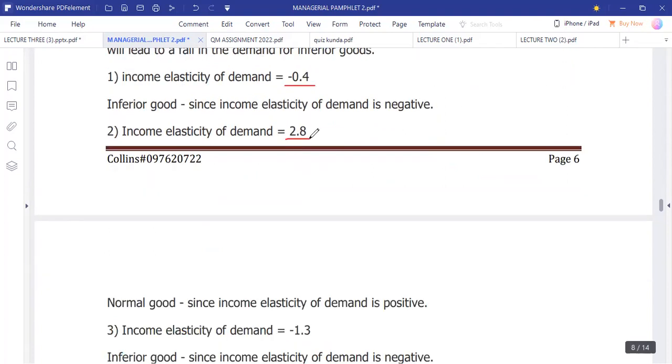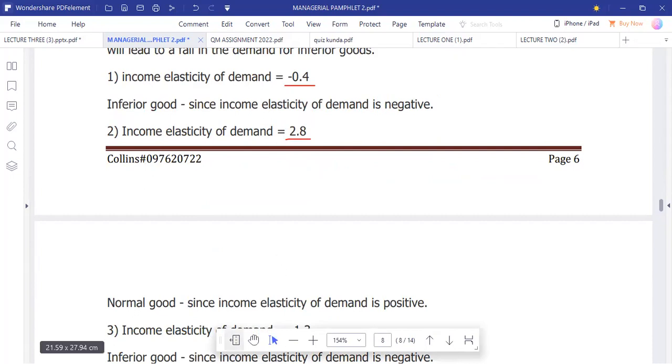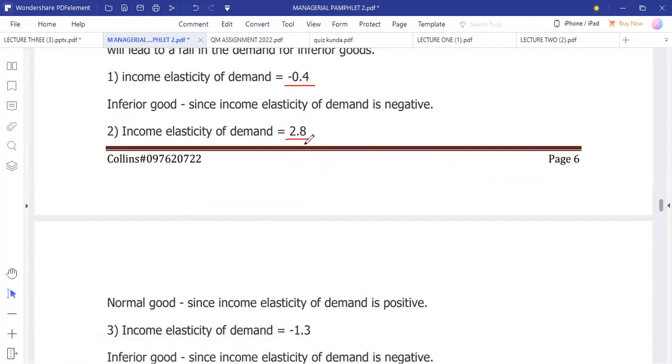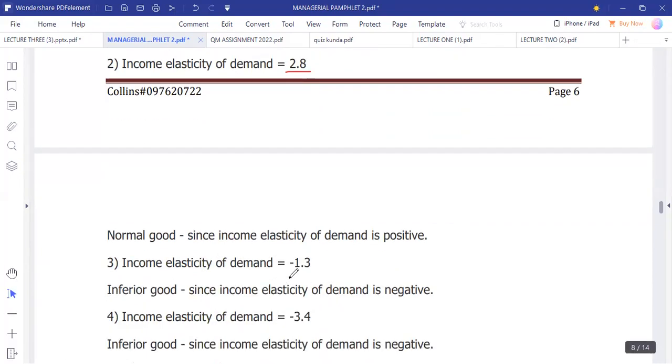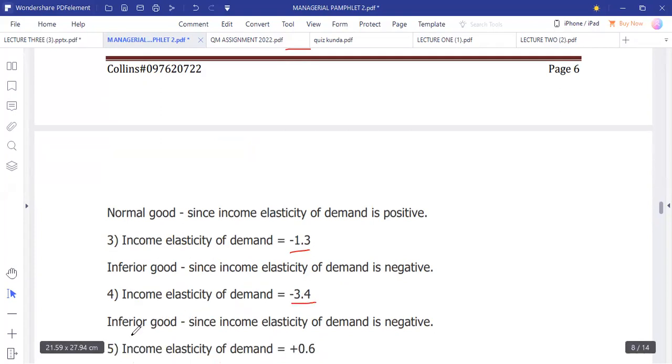And they ask you, if you get 2.8, what is this? This is a normal good. Precisely, it is a comfort good, a luxurious good, because it's positive. When we get negative 0.3, this is an inferior good because it is negative. When we get negative 3.4, still an inferior, very inferior good, since it's negative.